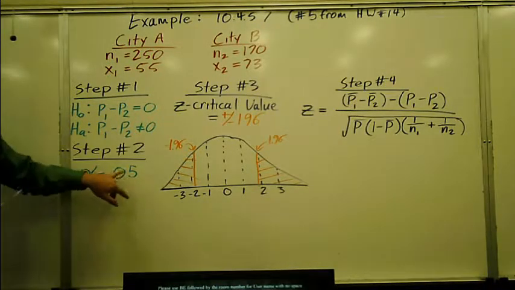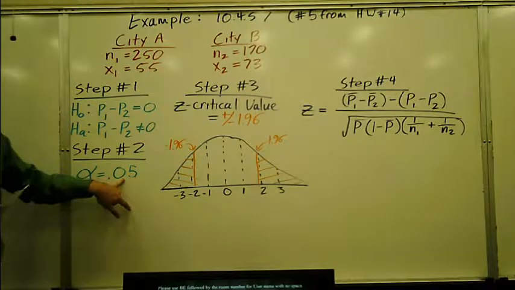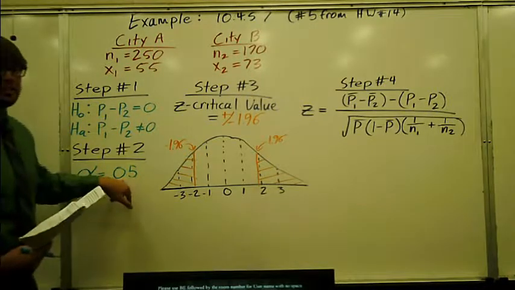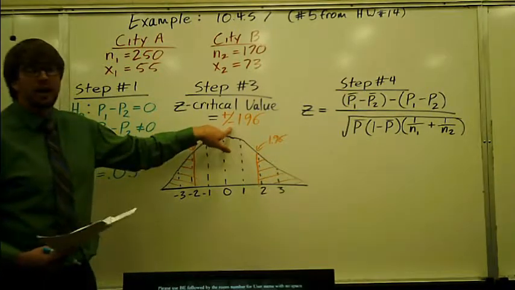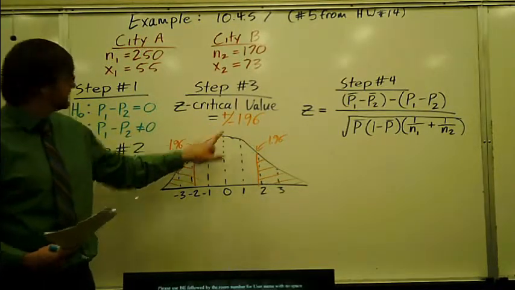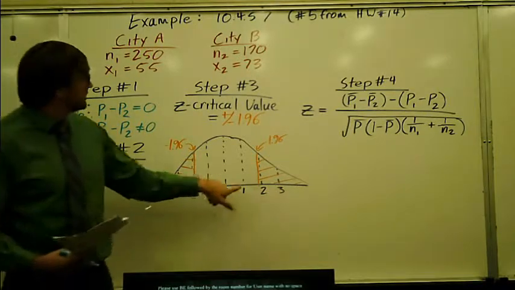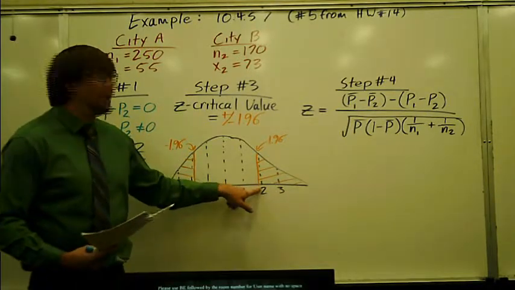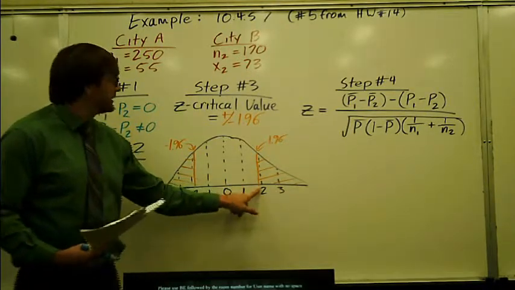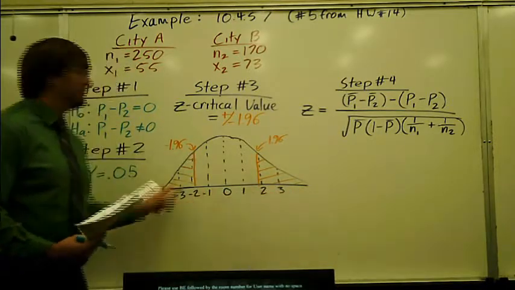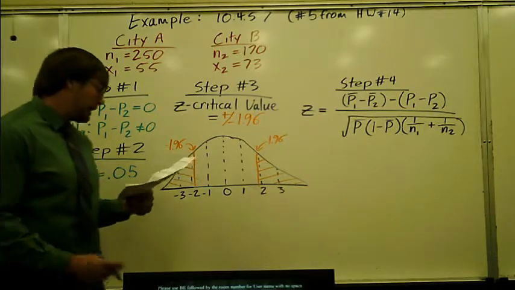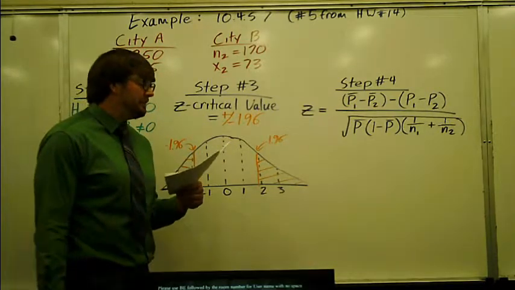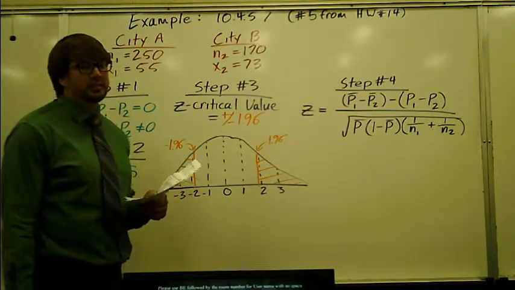And a two-tailed test based on the 5% significance level, you look it up in the standard normal distribution, and you should get z-critical values of positive and negative 1.96. So, one critical value here, one critical value there, and of course the rejection areas are anything more extreme than the critical values.